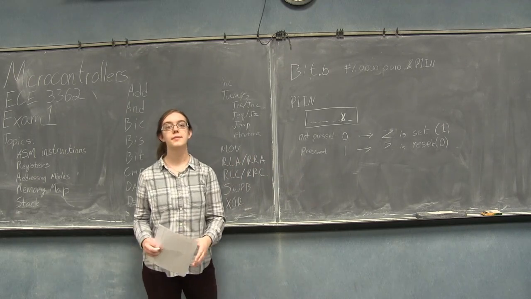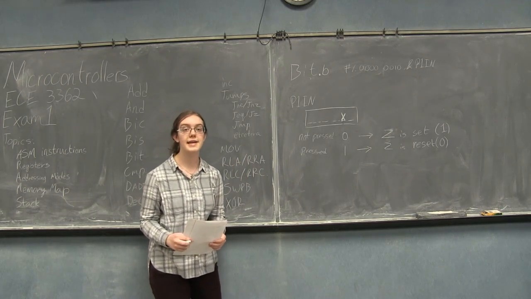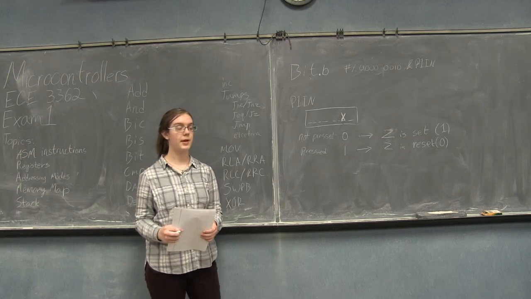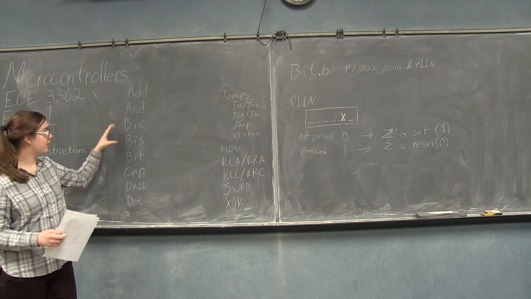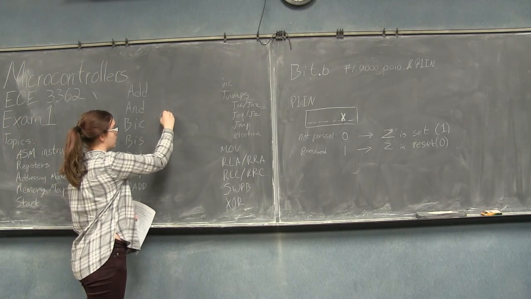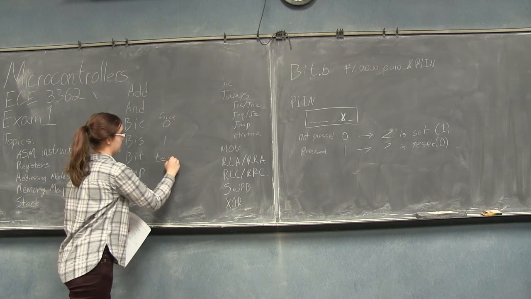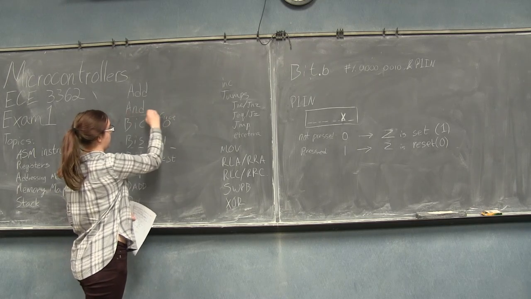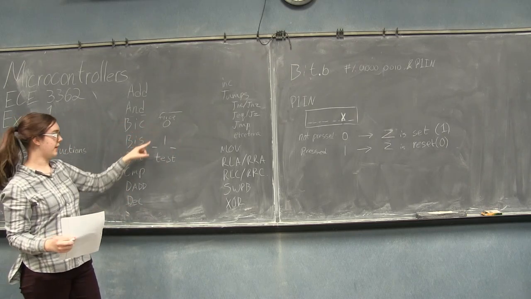Yes? So basically what it did is switching 0 to 1 and 1 to 0? No, it's testing the state of 0 and 1. Bit clear and bit set are forcing the values.